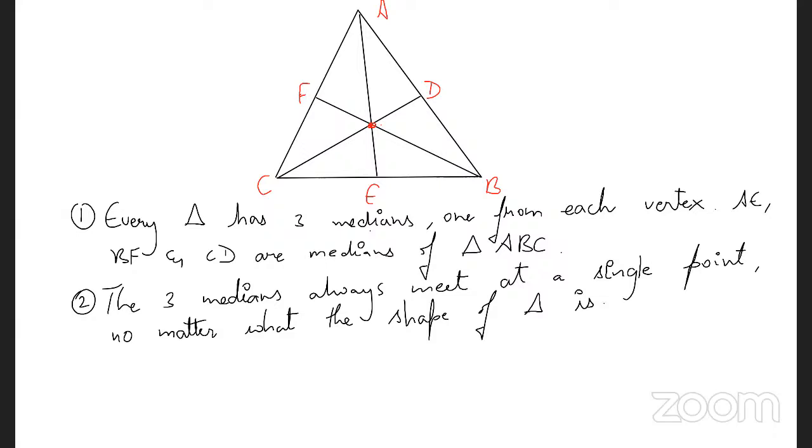Okay. Then what is this point called? This point is called the centroid of the triangle. Its name is centroid. Okay.